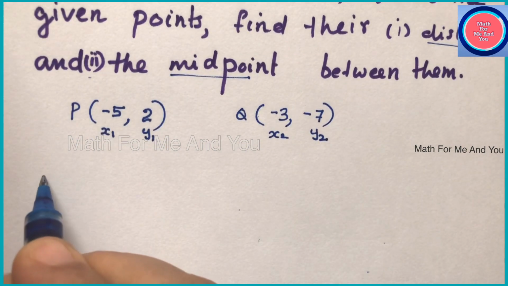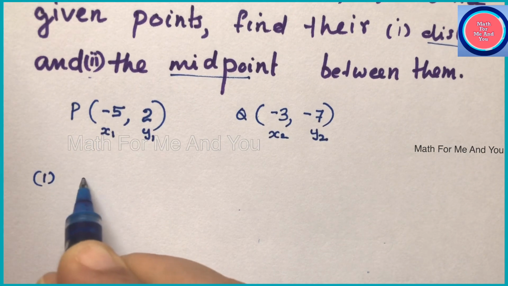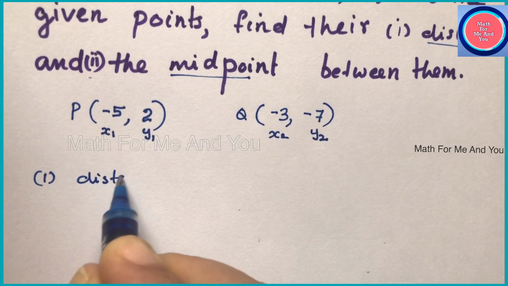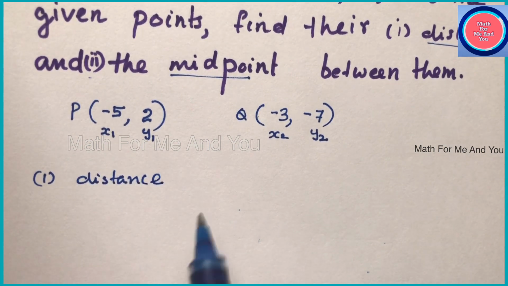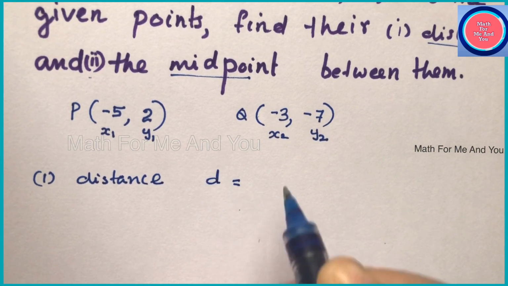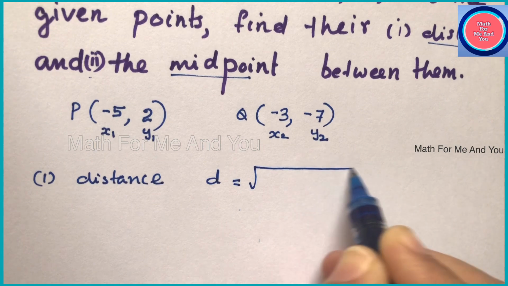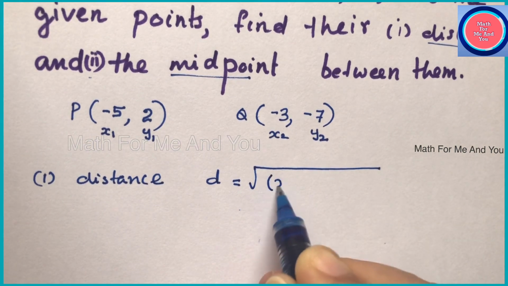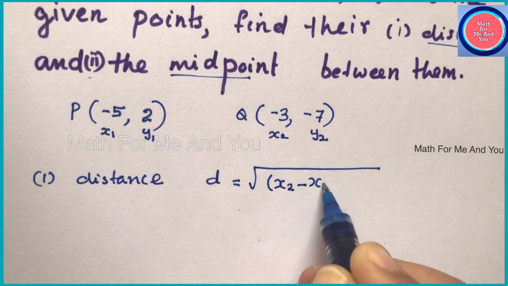First question, we need distance. So we write the distance formula. Write the formula first. After that, replace with the numbers. We have already marked what is x1, y1, x2 and y2, so it will be easier.